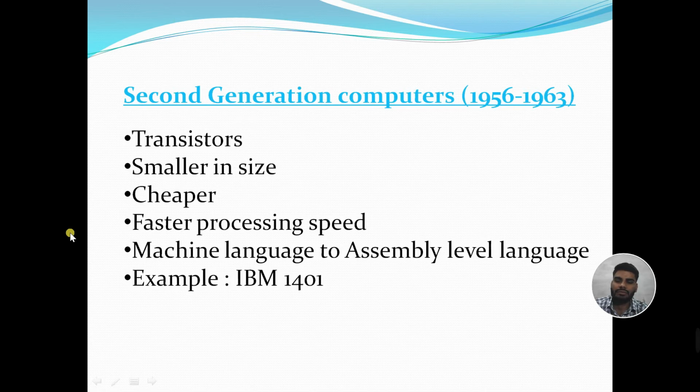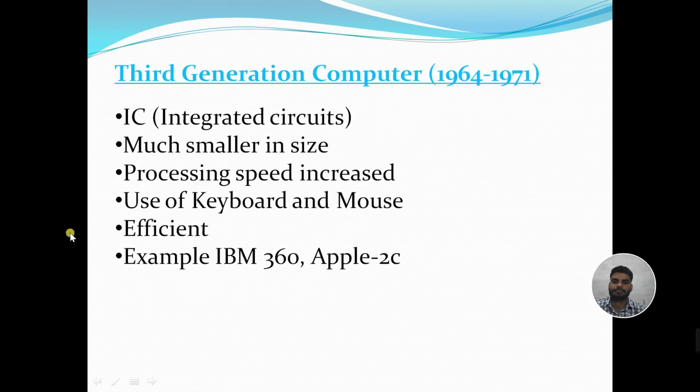Now let's see the third generation of computers. The third generation was the time period between 1964 to 1971. Now the transistors were replaced by ICs, that is integrated circuits. One IC had lots of transistors, and due to the use of ICs, the size of the computer reduced and the processing speed increased.